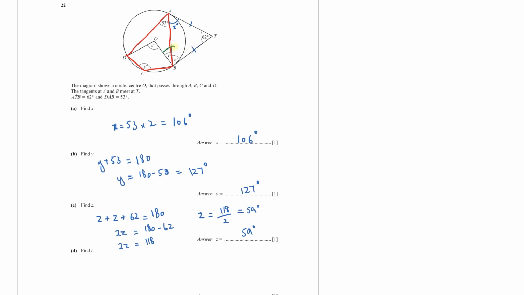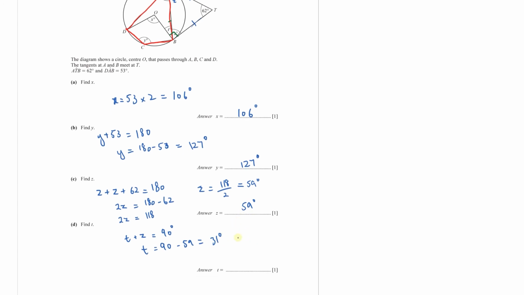So this angle here, T plus z, is 90. So T plus z equals 90 degrees, and you have already calculated z. T will be equal to 90 minus z, which is 90 minus 59, which is 31 degrees. So the value of T here would be 31 degrees.